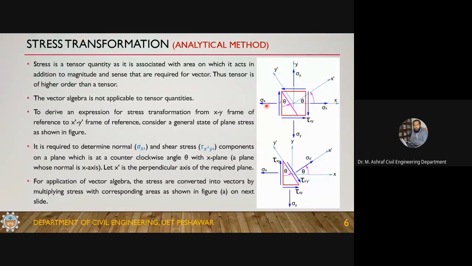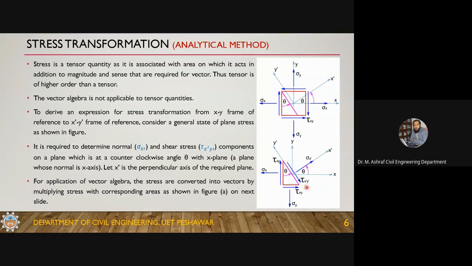Now, if I take a triangular part of this element, subjected to tau xy or tau yx, it must also be in equilibrium.